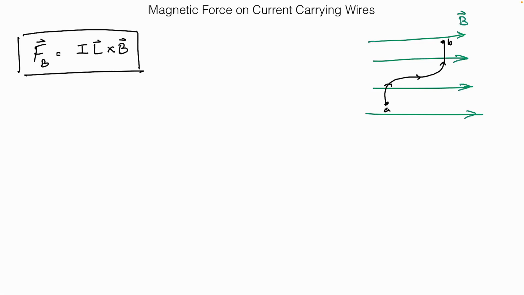Because if we start near A, the direction of the length, the current flowing in the wire, is directly up, isn't it? And then we would rotate our hands in the direction of B. We'd have a force that goes in, right? But as this thing goes up and starts to curve, do things change?